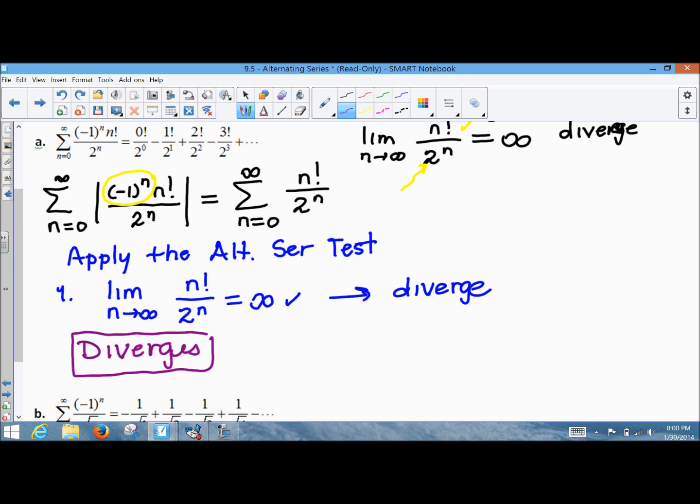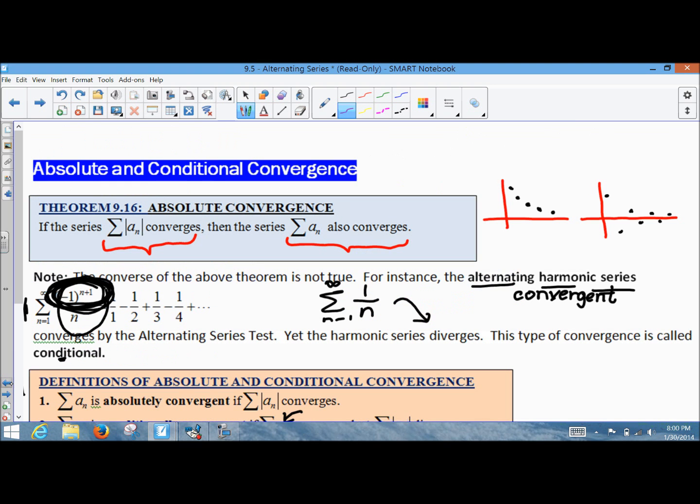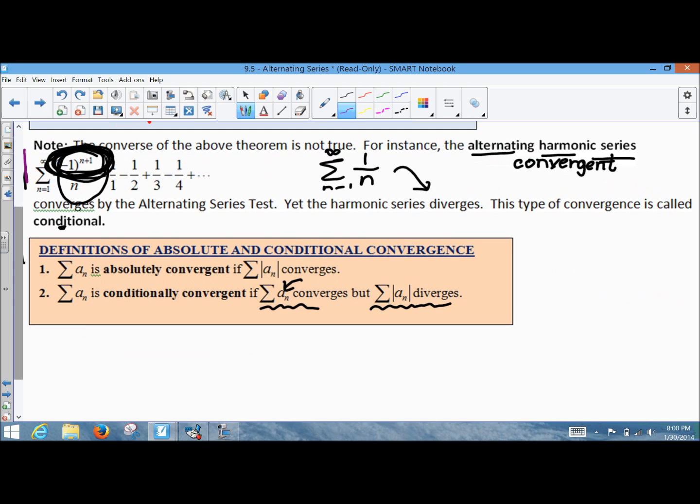Now again, the only way that we could have had any type of convergence here is if this guy here perhaps would have said converge. We're going to read these one last time.